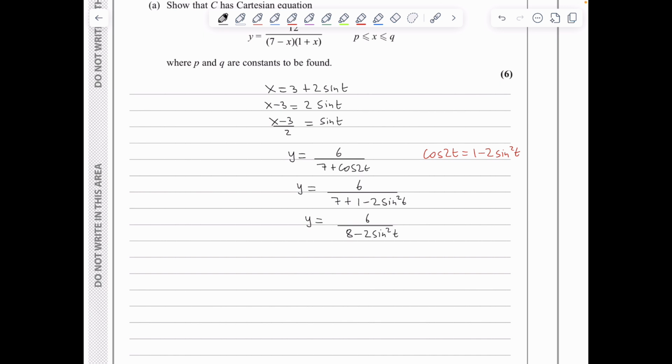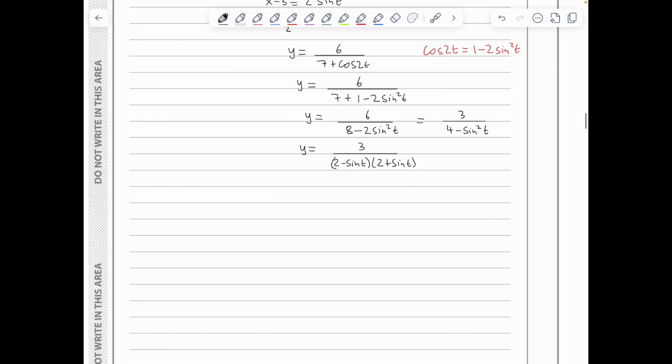Well, I will divide everything by 2 to get 3 over 4 minus sine squared t, and I should be able to recognize the denominator, the 4 minus sine squared t, as the difference of two squares. So we're looking at y being equal to 3 over (2 minus sine t) times (2 plus sine t). So now it's time to substitute here sine t with (x minus 3) over 2.